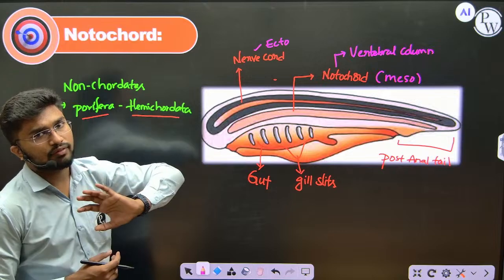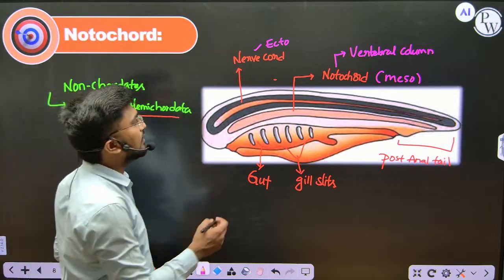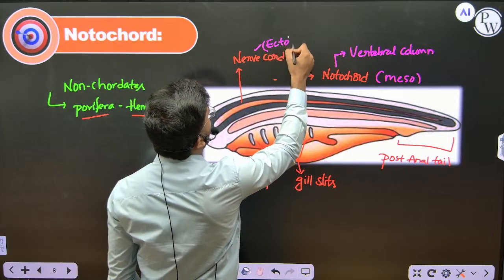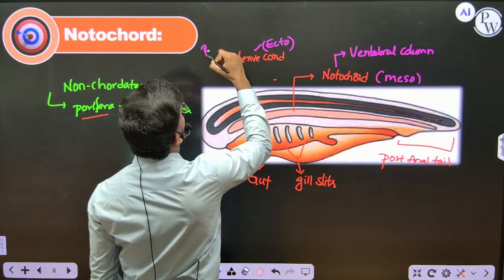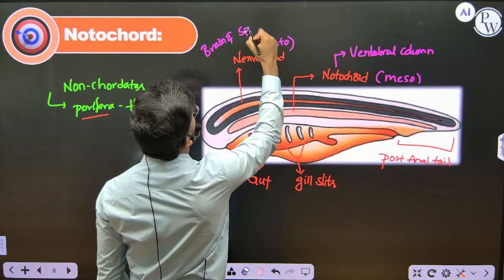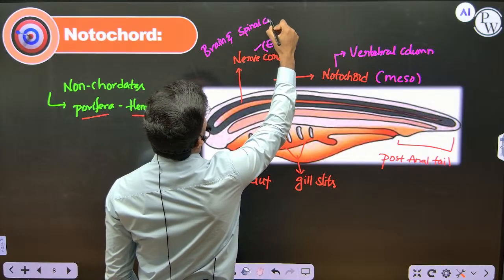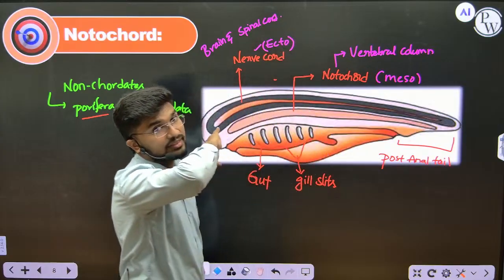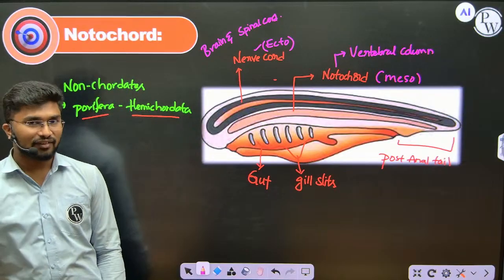And we have seen the nerve cord. In future life, this nerve cord converts into the brain and spinal cord. What I'm trying to say is that the brain and spinal cord we have now come from the nerve cord in our embryonic stage.